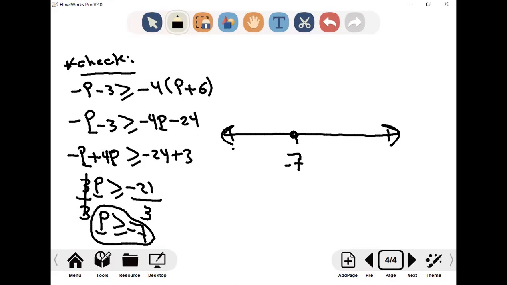More than, I will go to the right, meaning each number from negative 7 or more is a solution. Each number less than negative 7 is not a solution. All of this is the answer. All of it, all of this is the answer.